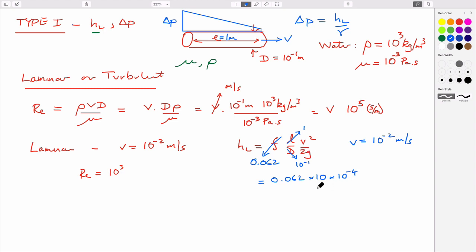So divided by... And so what's that going to be roughly? This is 10 to the minus 3. 1 over, so 1 over 20 is 1 over 2 is 0.5, 1 over 20 is 0.05.